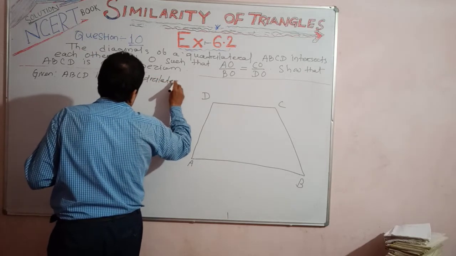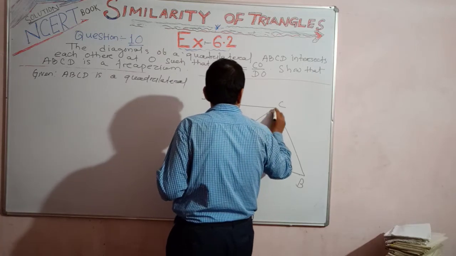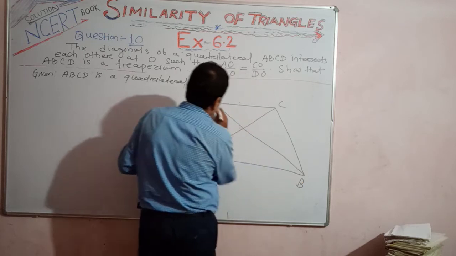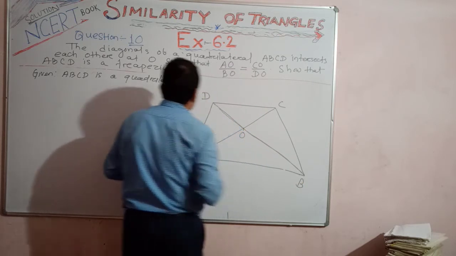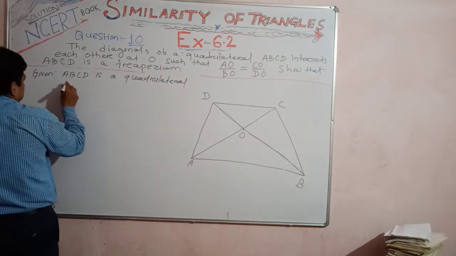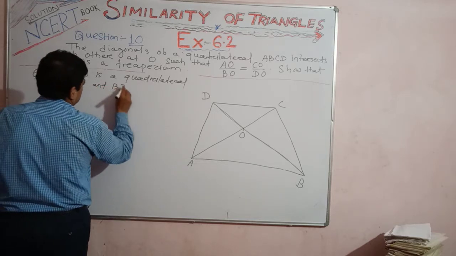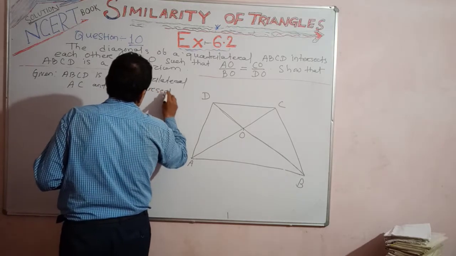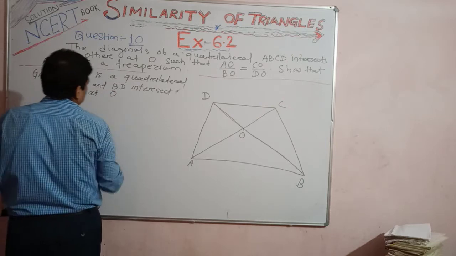Understand? Another thing you see, the diagonals AC and BD intersect at the point O. This is another given.